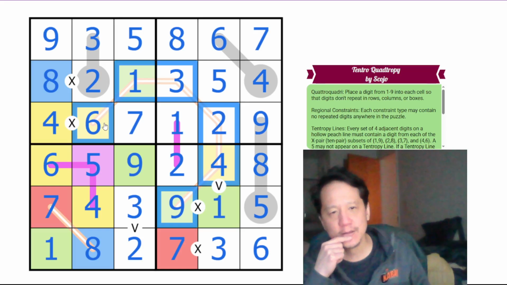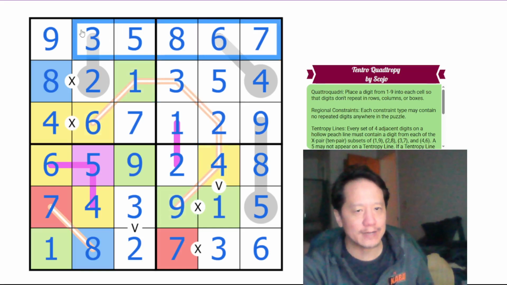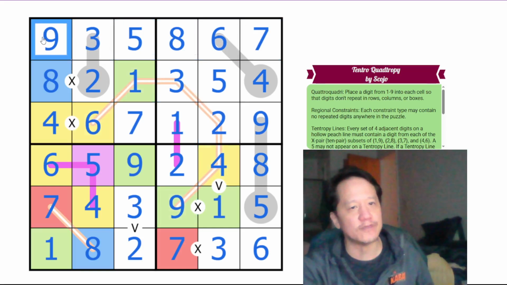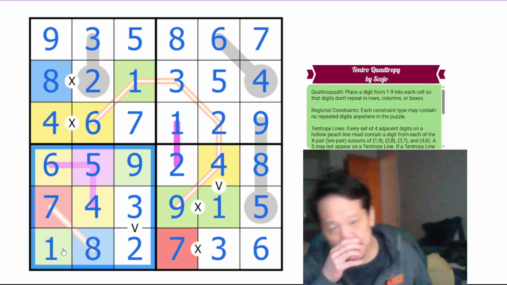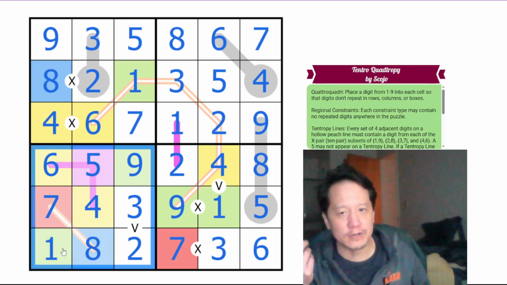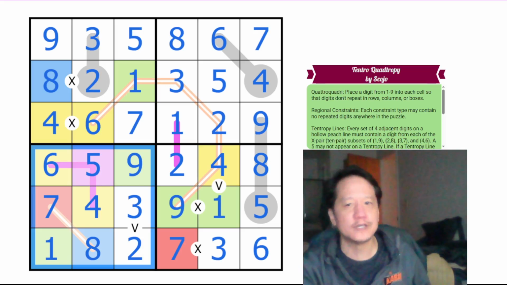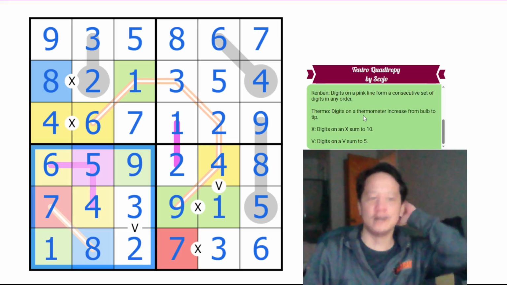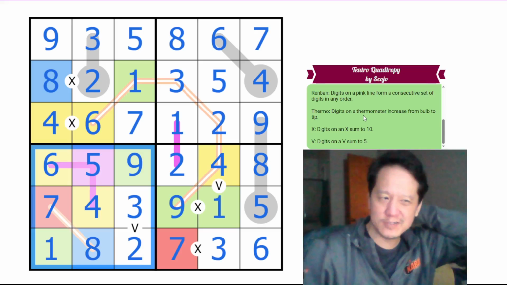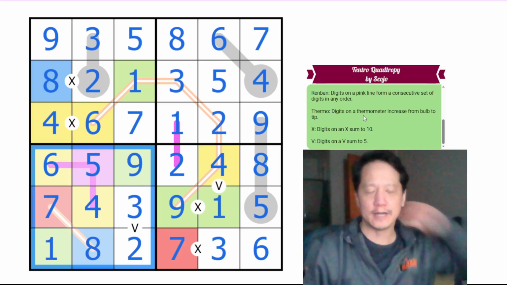Namely that you're not guaranteed all 9 digits in every row and column. You're guaranteed it in every box though. And then it also introduces regional constraints and Tentropy line. So it's a nice little puzzle that has a lot of variants that aren't necessarily the most common, I would say.